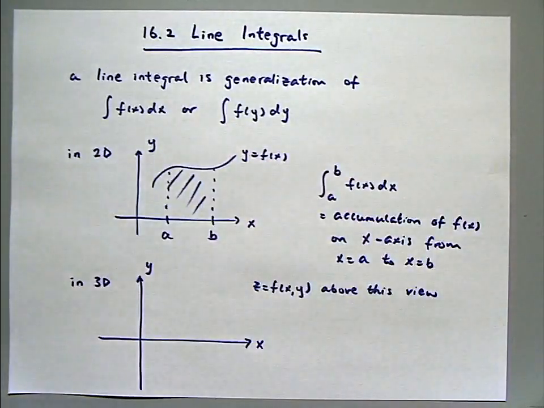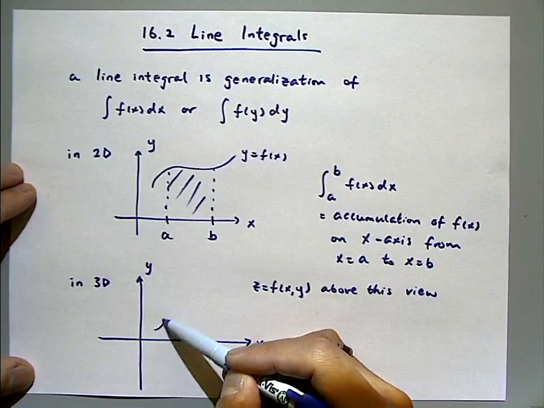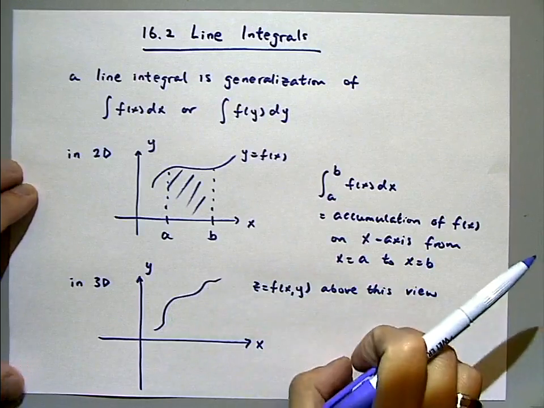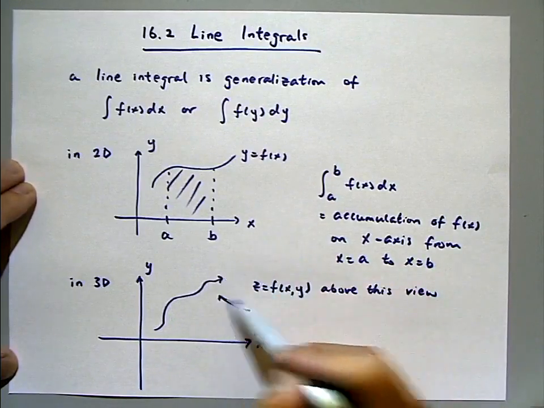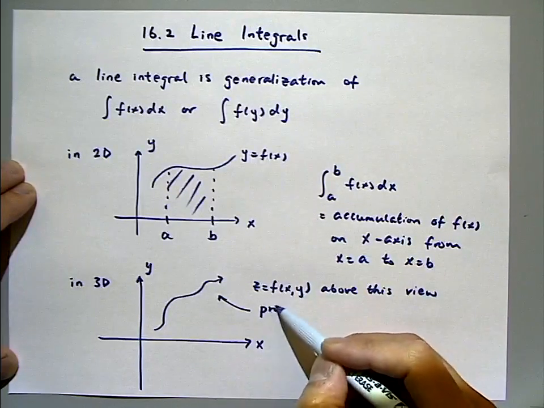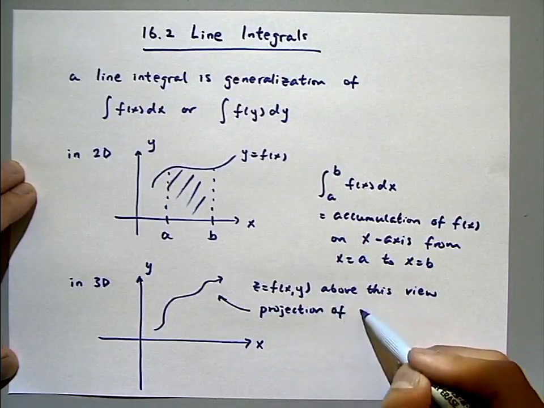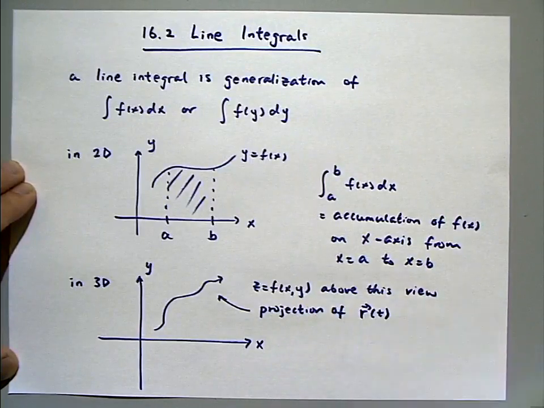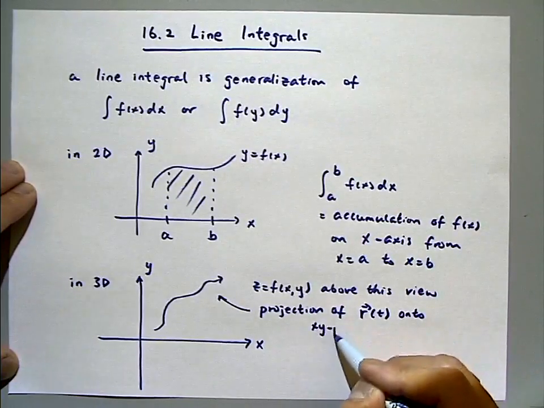And let's suppose that the projection of that, some kind of curve, looks like this. This is called the projection of some kind of curve, r of t, onto the xy plane.